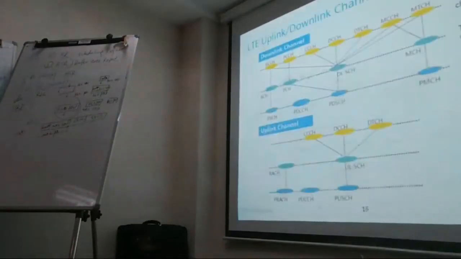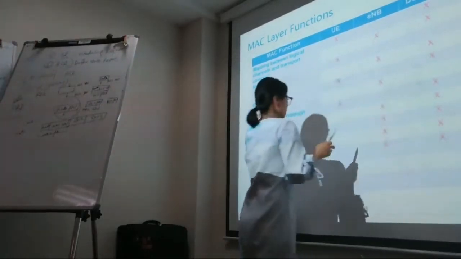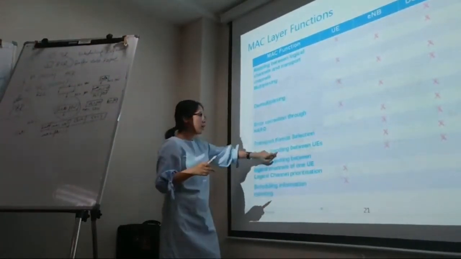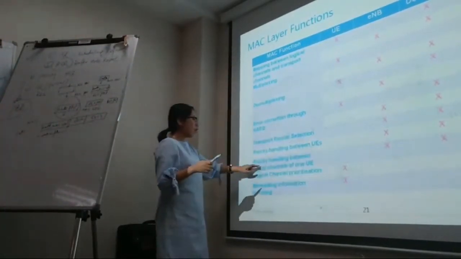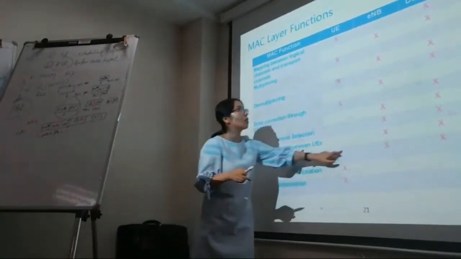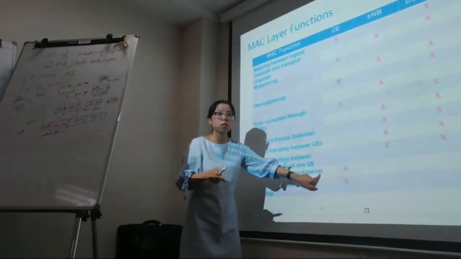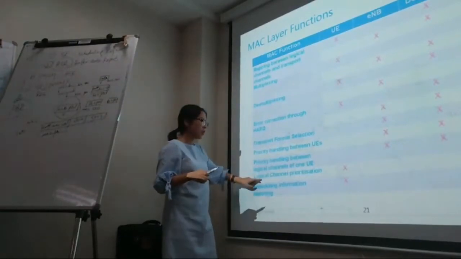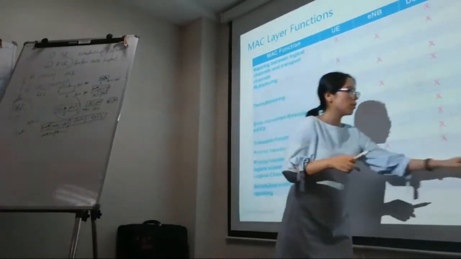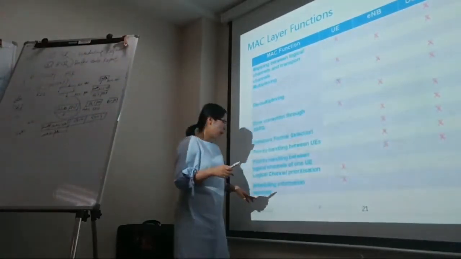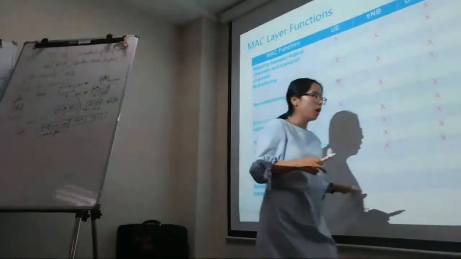So this function is realized on the eNode B side, not on the UE side. The priority handling between UEs is on the eNode B side. And for one UE, the priority handling is logical channel prioritization. These two are different. One is only for the eNode B, and logical channel prioritization is only for the UE, and only for the uplink. And the last one is the scheduling information reporting, that is BSR, which is on the UE side.